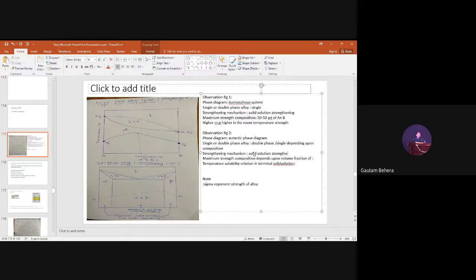But what is the strengthening from this point to this point? I have written it over here, just read it. From here to here means the two-phase region. Alpha is one phase, beta is another phase.